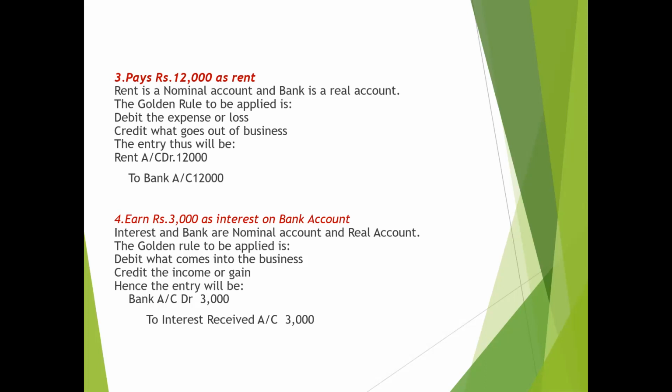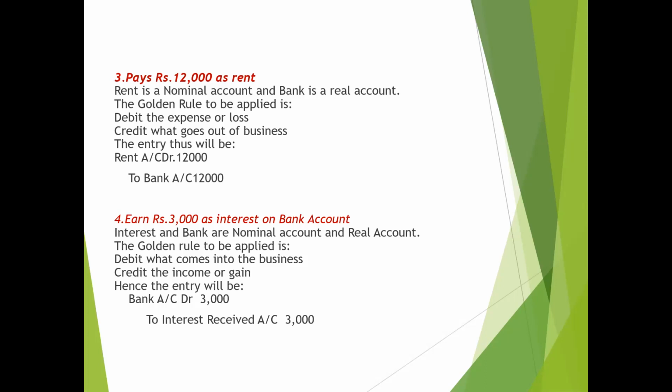Automatically, credit the income or gain, because interest received is income. Hence the entry will be bank account debtor to interest received account. Here we apply the nominal account and real account rules.